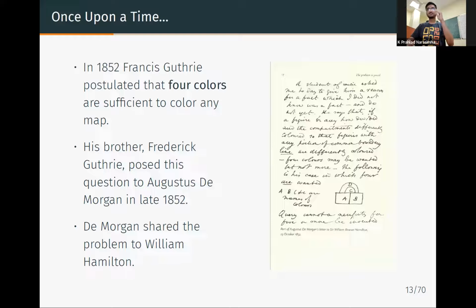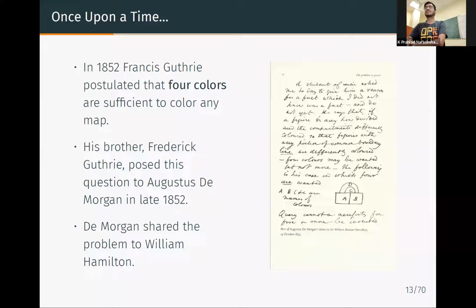Hamilton, again, a huge figure in British mathematics. He was the one who started quaternions. That's a little bit of group theory used a lot in physics and quantum mechanics. Anyway, he wrote this letter on the right, essentially saying that I have no idea, this looks very obvious, I don't know why I can't solve it.